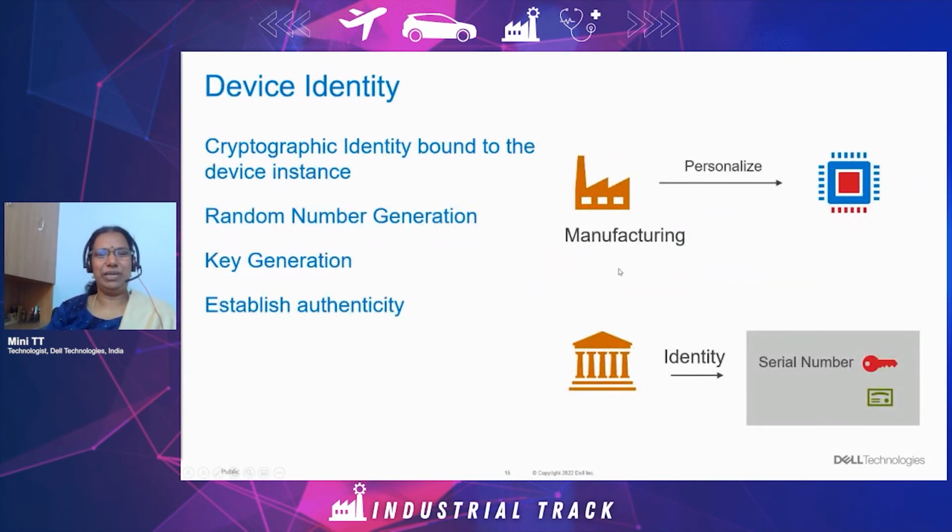And then we speak about identities. Identities are to make sure: is it coming from the right manufacturer, can we trust the hardware and the firmware which is executing in this, which could be realized by using multiple entities like random number generation, which are further used for key generation. So here what we see is these devices originate from a manufacturer, a personalization will happen, and identities are established, which could be cryptographically bound identities, which are keys generated inside, and the keys never go out of the system.